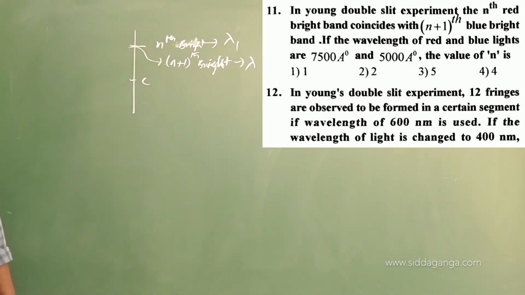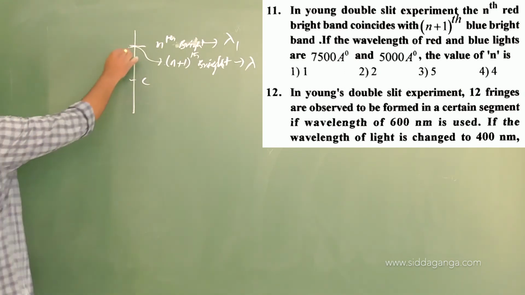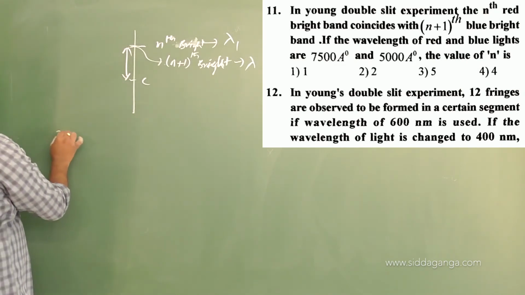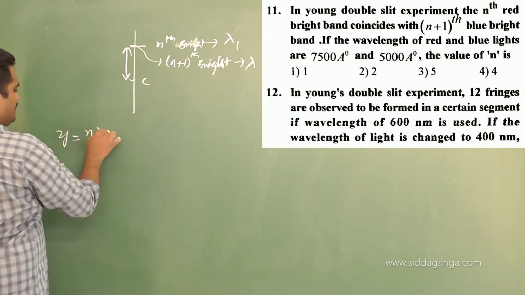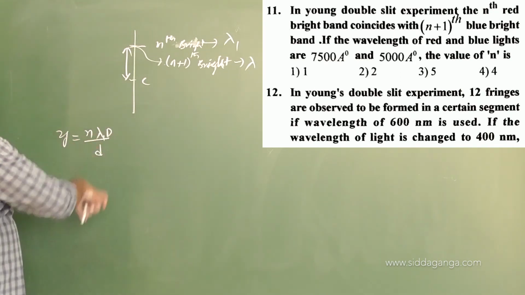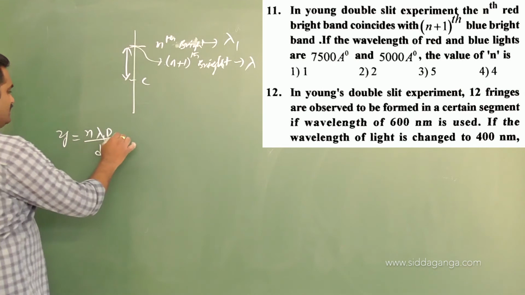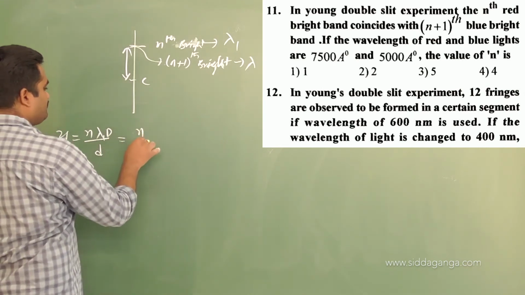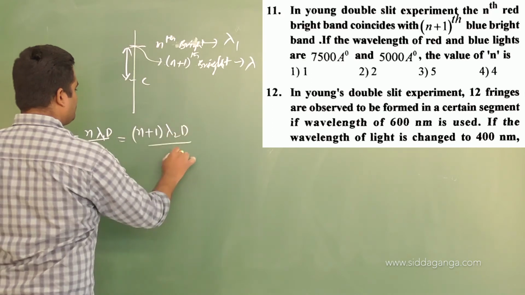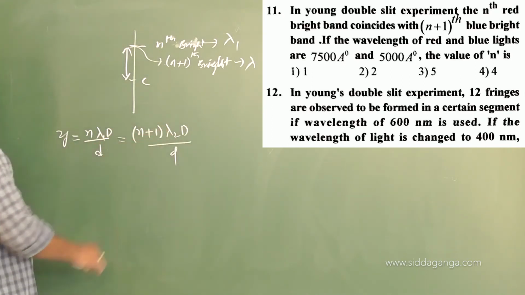What is the ratio of those wavelengths they are asking? The distance is the same, the distance of the bright fringe from the central fringe. It will be equal to n lambda 1 capital D by small d. And at the same point for wavelength lambda 2, it is n plus 1 into lambda 2 capital D by small d. Capital D and small d will get cancelled.